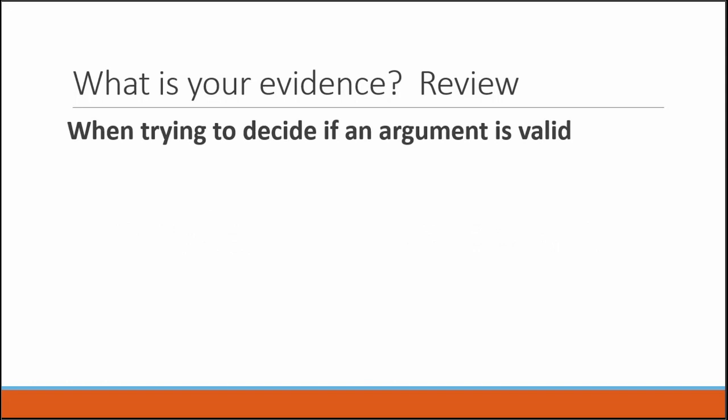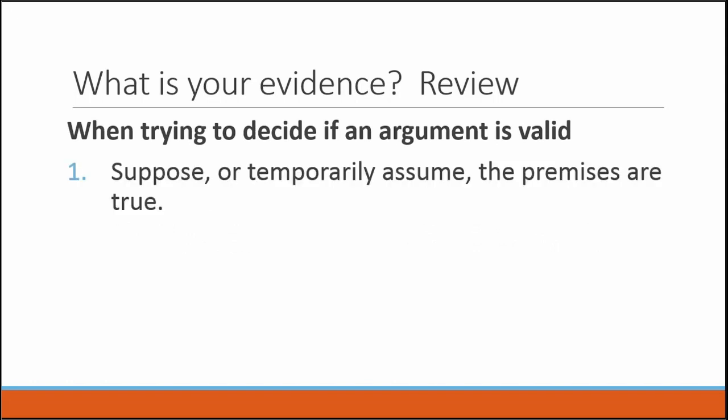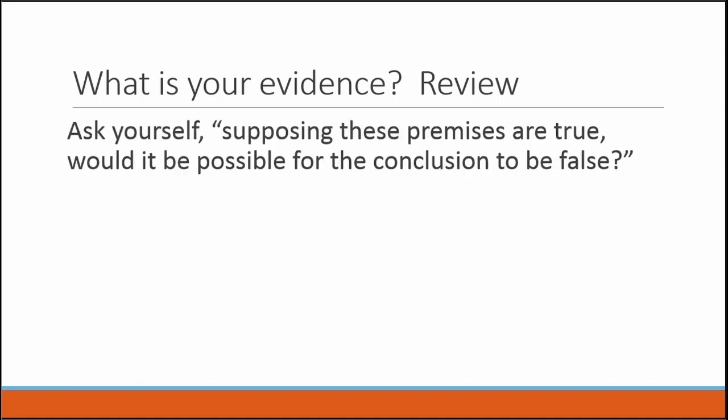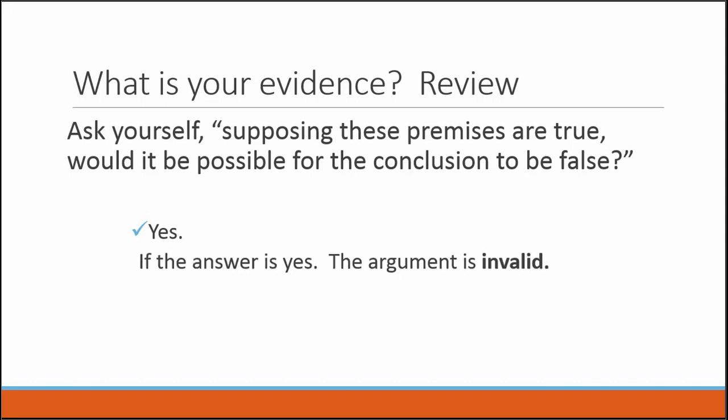When you're trying to decide if an argument is valid, suppose or temporarily assume that the premises are true. Then ask yourself, supposing these premises are true, would it be possible for the conclusion to be false? If the answer is yes, then the argument is not valid.